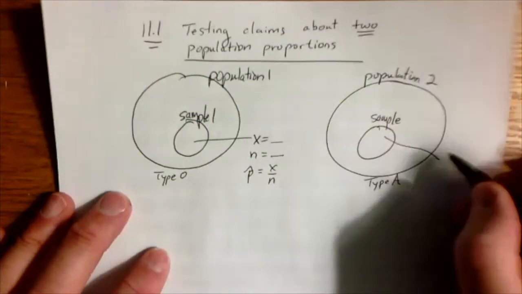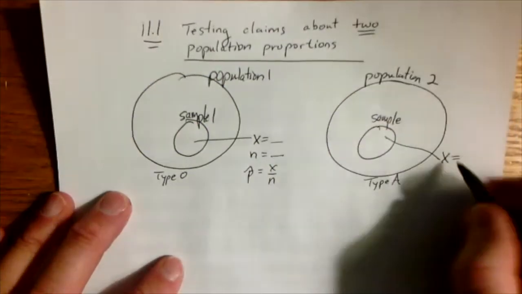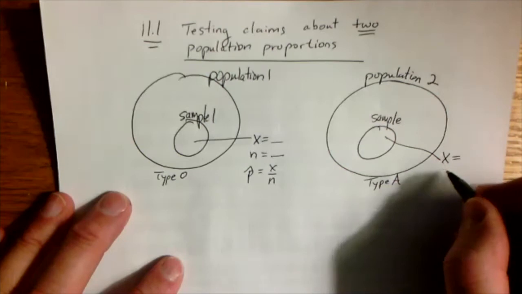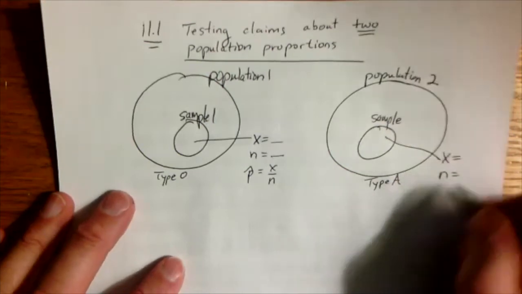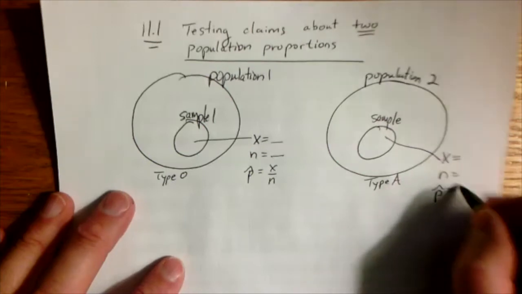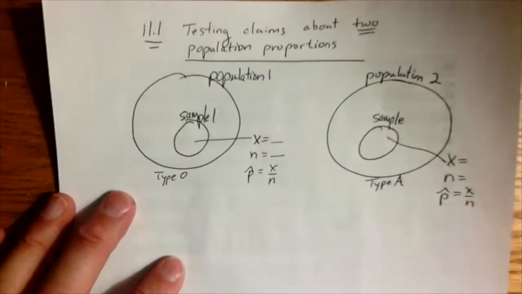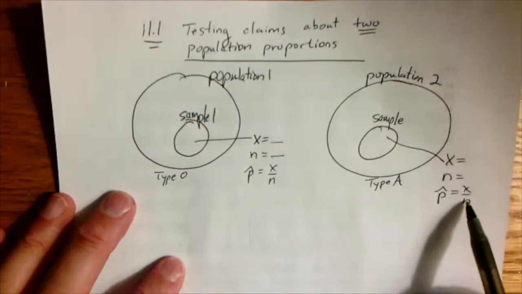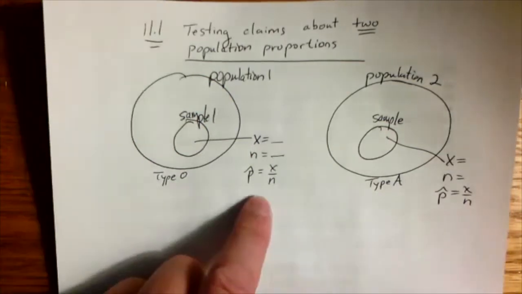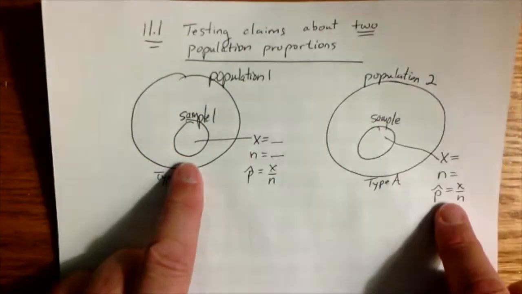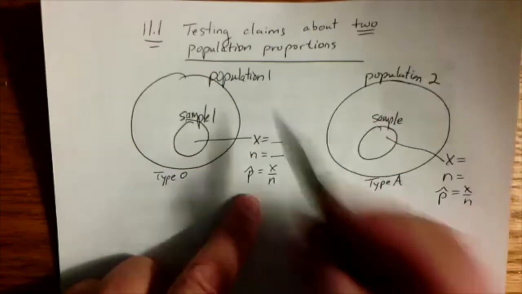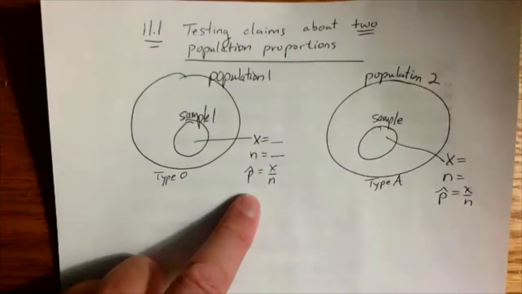Over here, we're going to do the same thing. We're going to take a random sample of the type A blood folks, and we will calculate the sample proportion over here. Now, if the sample proportion from the first population is about equal to the sample proportion of the other population, then that might give us evidence to say that probably these two population proportions are the same.